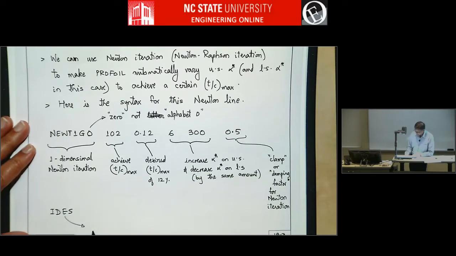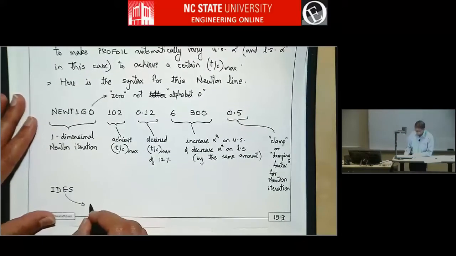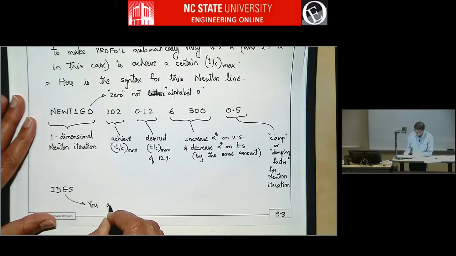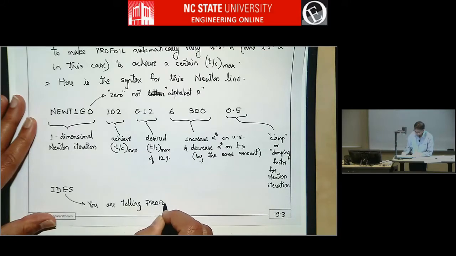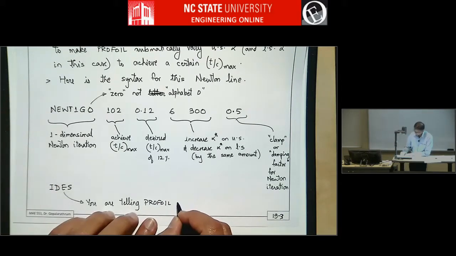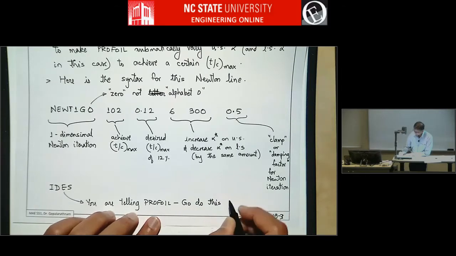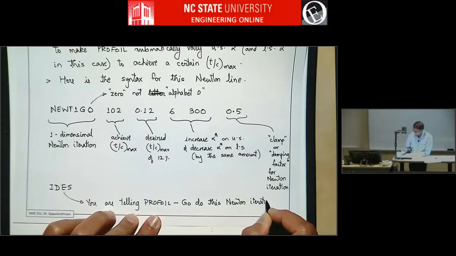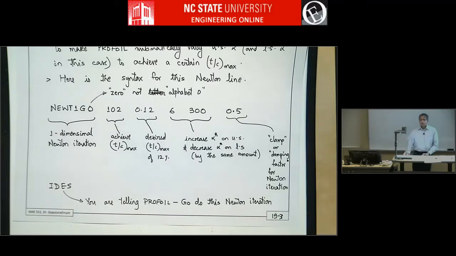This essentially means you're telling Profile what knob you want to control to achieve what parameter and what value, right?